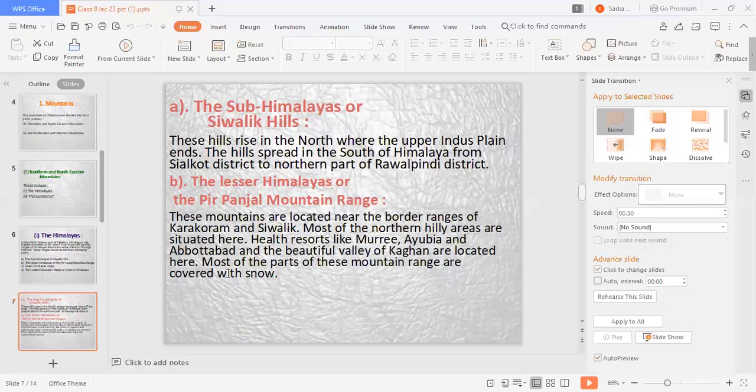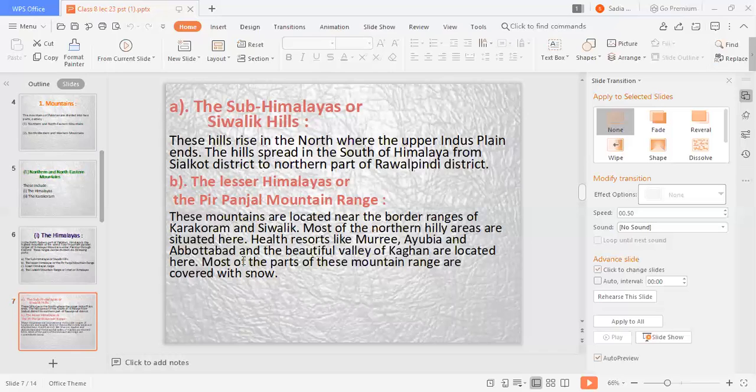वैसे तो अकॉर्डिंग टू द सिटीज या अकॉर्डिंग टू सिचुएशन जैसे भी था, शहरों के नाम जब दिए जाते हैं तो उसको मरी, अयूबिया एंड एबटाबाद कहा गया. They are called Murree, Ayubia and Abbottabad, but in reality these are called the mountains of Pir Panjal. इन माउंटेन्स के अपने भी स्पेसिफिक नेम्स हैं and that are called the Pir Panjal mountain ranges.